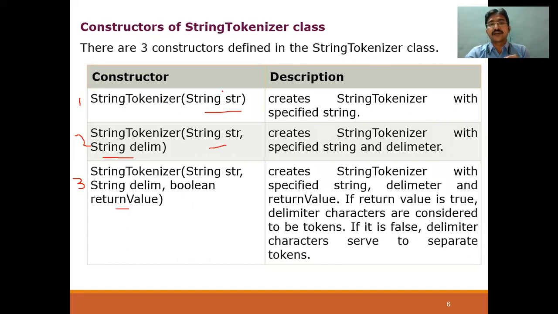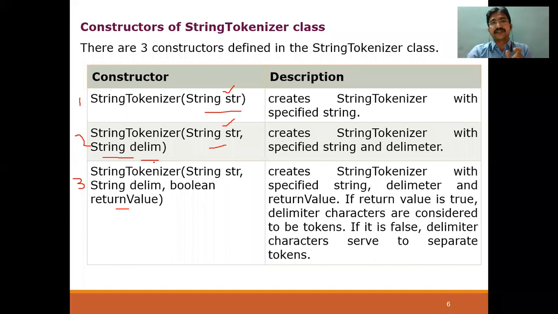The first constructor takes str. We can pass the input as a parameter to this StringTokenizer constructor as a string. The second constructor: the first parameter is a string and the second parameter is a delimiter. Delimiter means how I need to divide the tokens. A string may consist of spaces, or commas, or \t, or \n; what is the delimiter after which I need to divide into tokens?